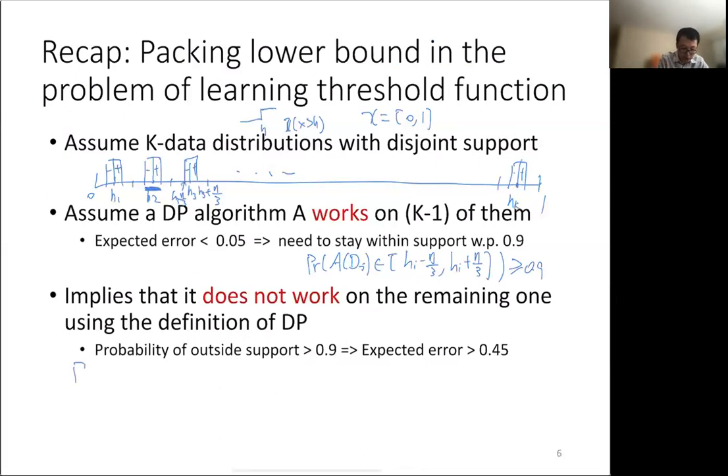Okay, so suppose D1 is a data set that you collect for the first distribution.